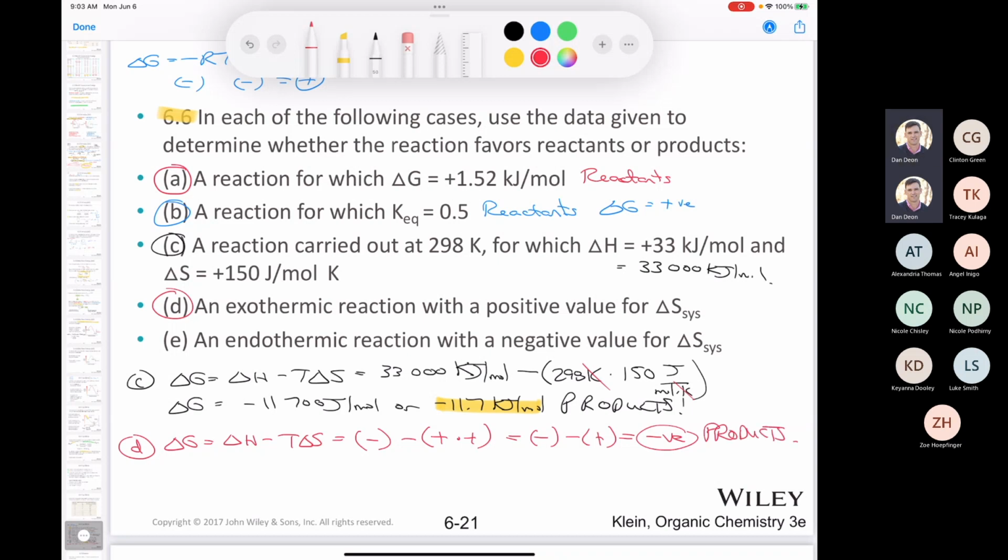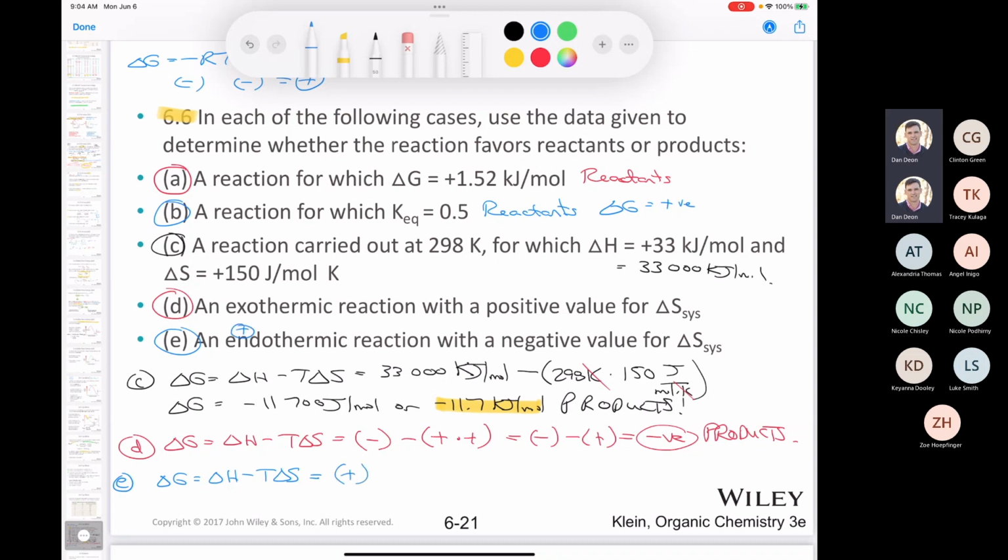Is there another one? Yep, there is. Let's try this one. E. Now we've got an endothermic reaction, so our delta H is positive, and a negative value for delta S of the system. So give that a try. So delta H minus T delta S. So delta H is going to be positive, right?